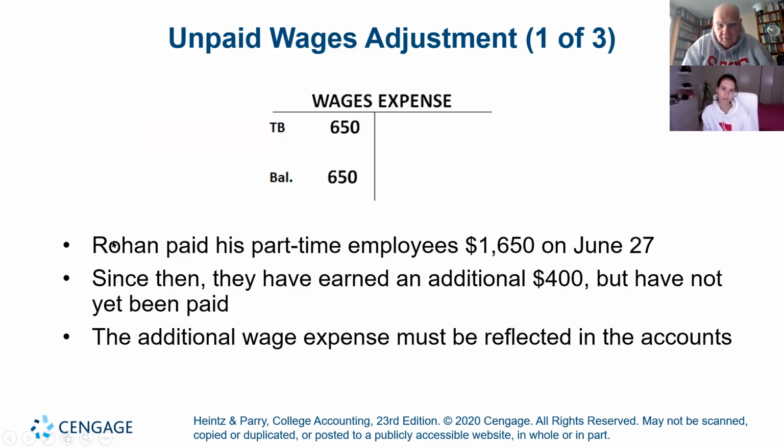Unpaid wages. Rohan paid his part-time employees $16.50 on June 27. Okay, that's the expense, and it's been recorded through June 27. But from the 28th through the 30th, his workers earned another $400, but they haven't been paid yet.